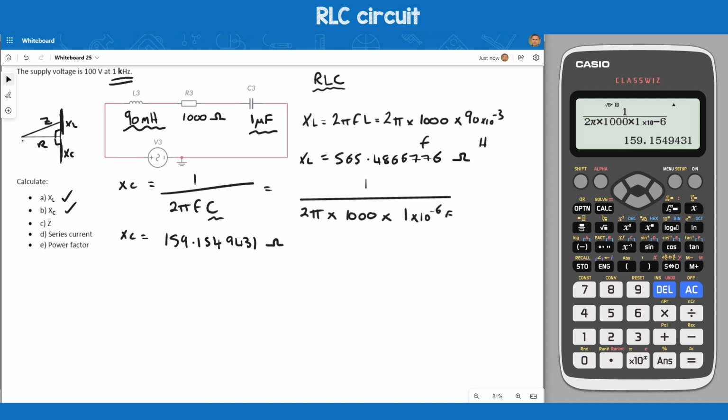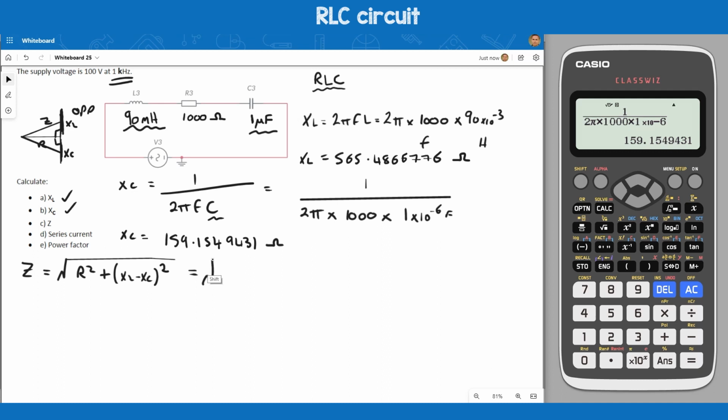If XC was bigger than XL, then the impedance would be down there, but it doesn't make any difference to the actual amount of impedance. So Z is the hypotenuse, which is the square root of the adjacent squared plus the opposite side squared, and the opposite side over here is XL take away XC, and that has to be squared because it's Pythagoras.